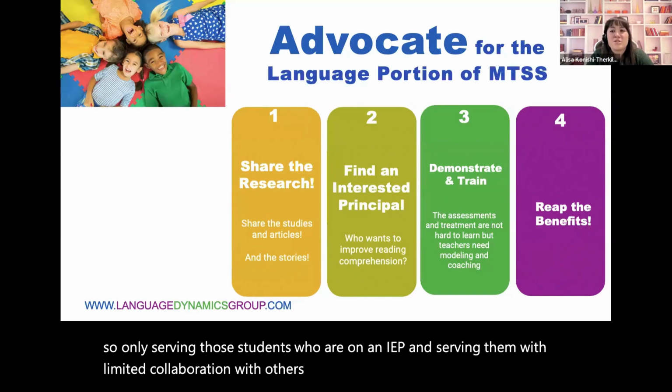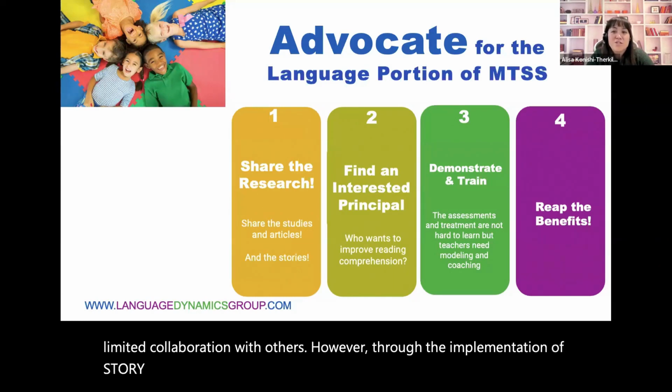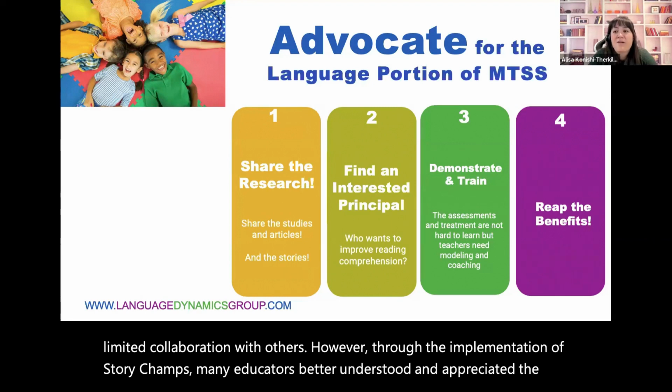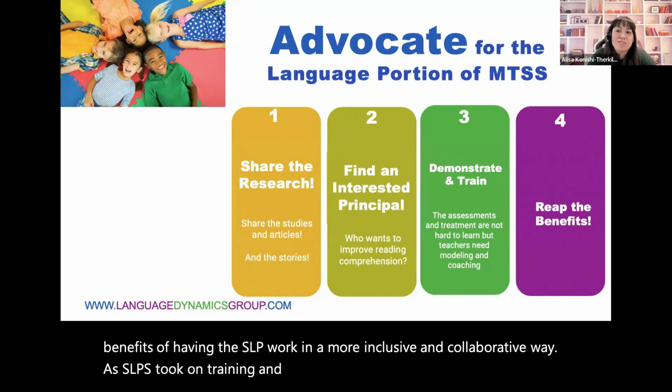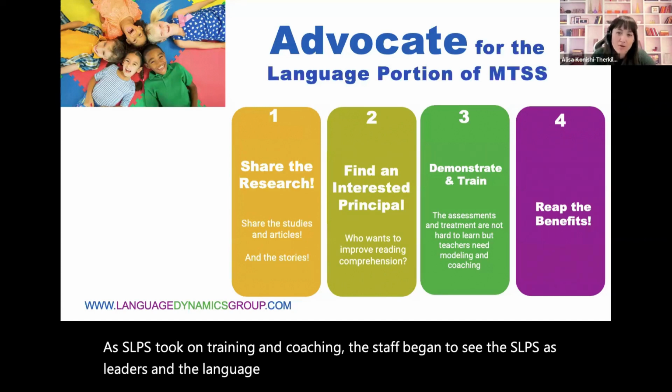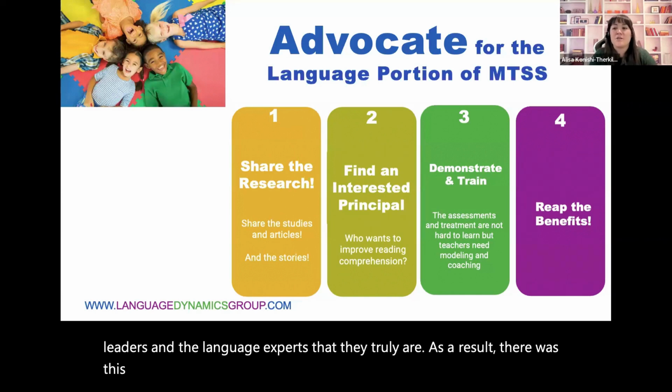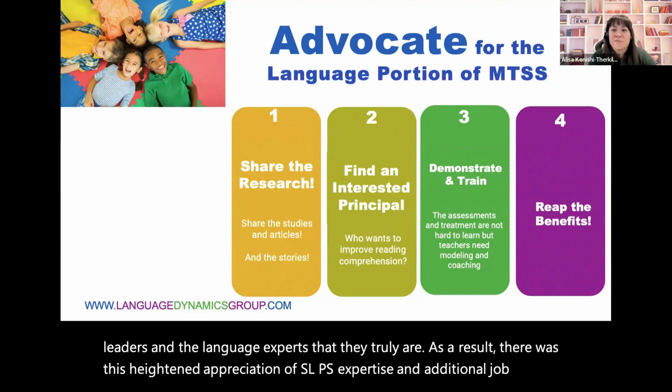However, through the implementation of Story Champs, many educators better understood and appreciated the benefits of having the SLP work in a more inclusive and collaborative way. As SLPs took on training and coaching, the staff began to see the SLPs as leaders and the language experts that they truly are. As a result, there was this heightened appreciation of SLP's expertise and additional job security.